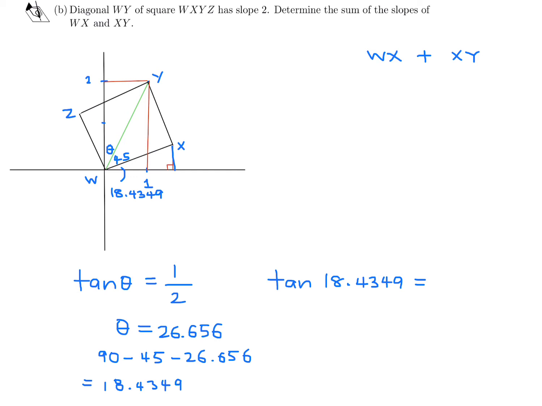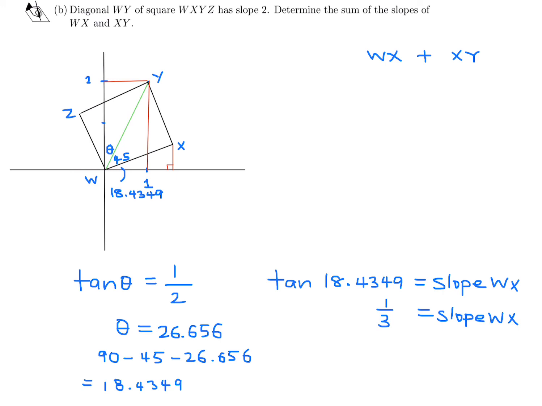Opposite, which is the rise, over adjacent, which is the run. So that is the slope of WX. So get out your calculator and type in that. And when you do, you get exactly 1/3. Interesting. So that's the slope of WX.